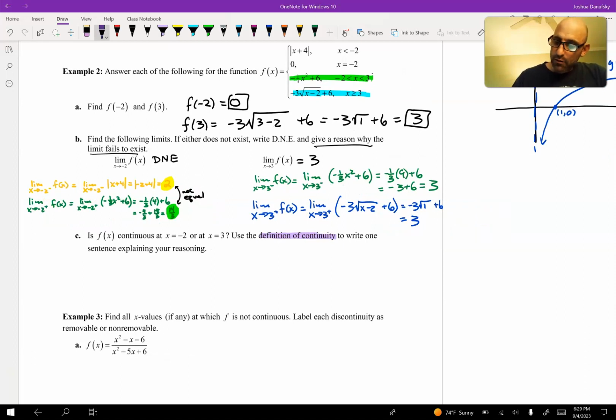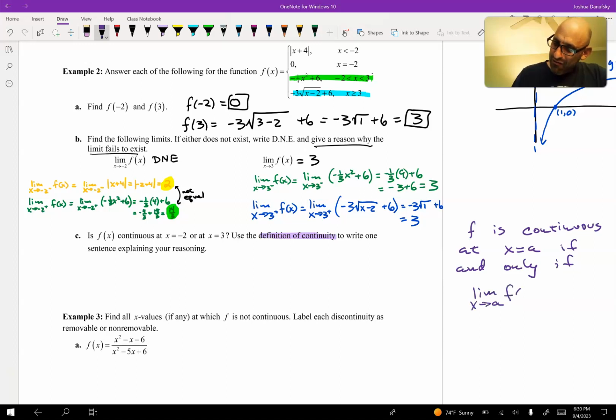The definition of continuity says, let's write, f is continuous at x equals a if and only if, actually I think our book does it in a different order. Let's do it this way. The limit as x approaches a of f of x has to equal the value of the function at a.